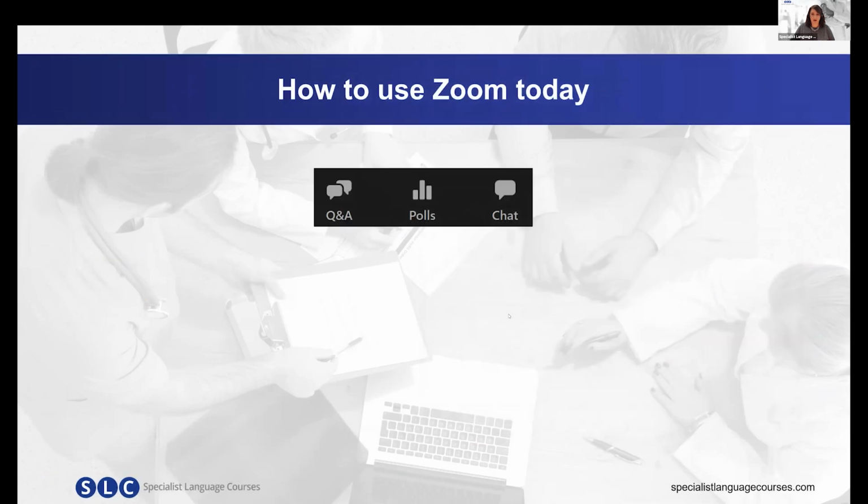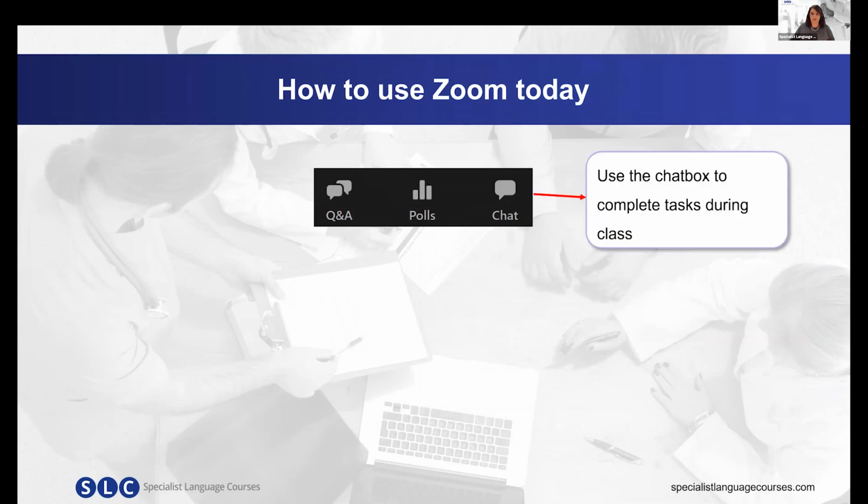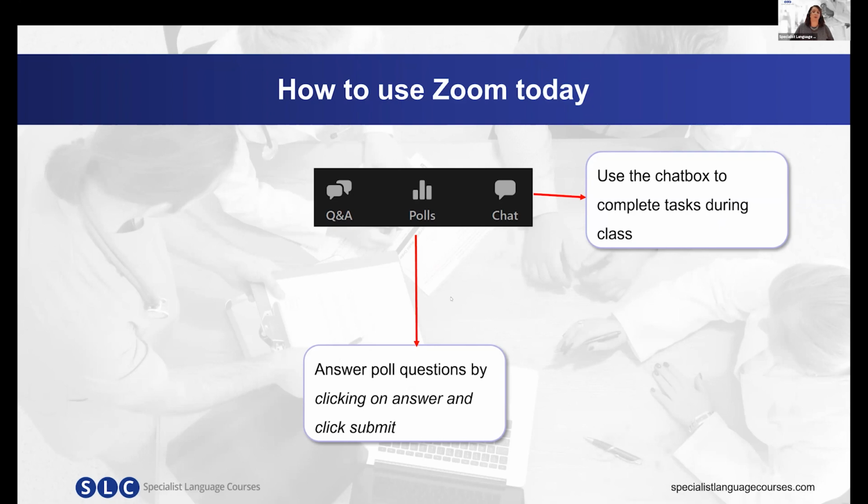Second, a little bit about how we're going to be using Zoom today. We're going to use the chat to complete tasks during the class, so I might ask you to write some answers in there. And we are going to use polls. When we have a poll, it will be launched onto your screen.